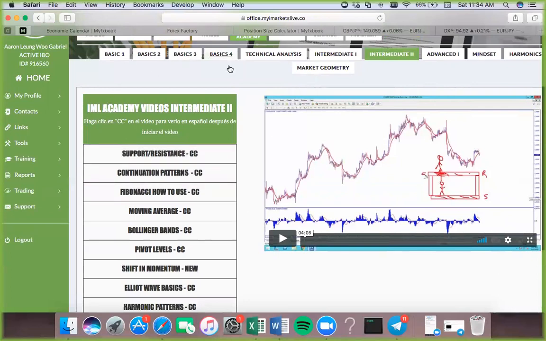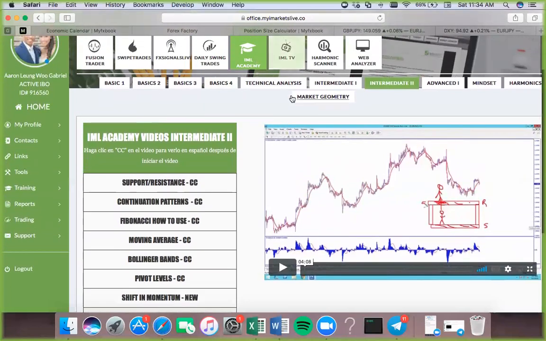Now, once you get past all your foundation concepts, guys, don't get confused between fundamentals and basics. In terms of Forex, fundamentals does not mean basics. It does not mean foundation.